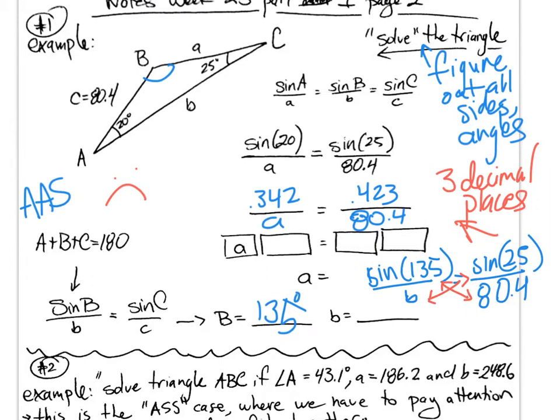And I'm going to do this times this, and then divided by this, which is actually going to give me b. So let's see. I have sine of 135. So you could be writing this down as I just talk it through. My hands are on the calculator, so I can't. So sine of 135 times 80.4, and then divided by sine of 25 gives me 134.5.